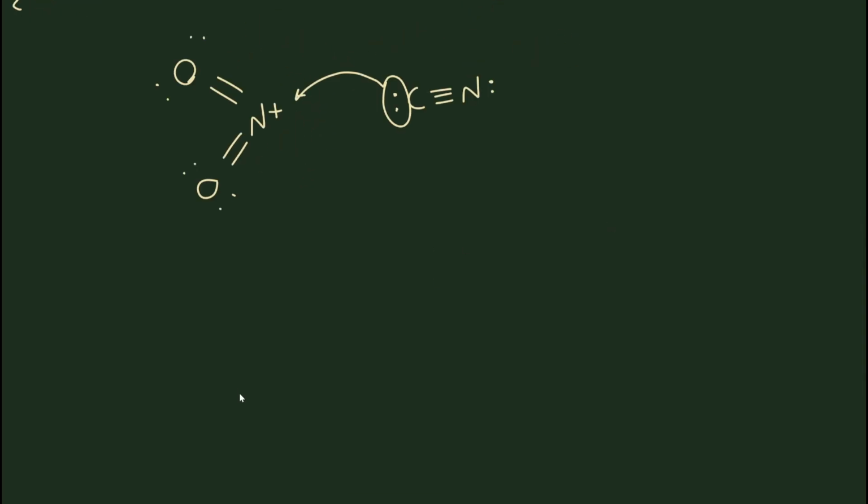Well, when this nucleophile attacks with this lone pair of electrons and wants to form a bond here, nitrogen already has an octet. It's going to have to let something go. So it's going to let one of those bonds go. It doesn't matter which one. Let's say this one stays the same, and this one doesn't. And this one here looks like this now.